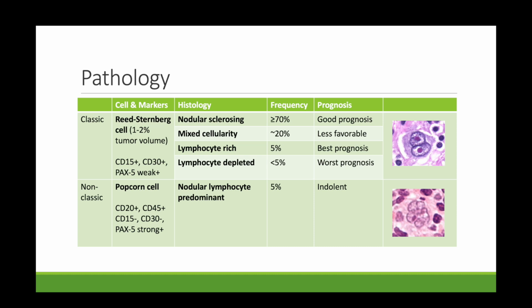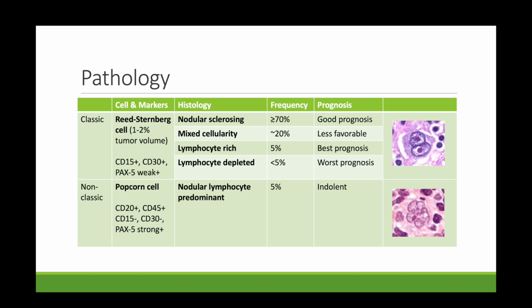The classic markers that you should know for Hodgkin lymphoma are CD15 positive and CD30 positive, and PAX5 can be weak positive. There are 4 subtypes within classic Hodgkin lymphoma. Nodular sclerosing, which has a good prognosis and is probably the most commonly seen subtype.